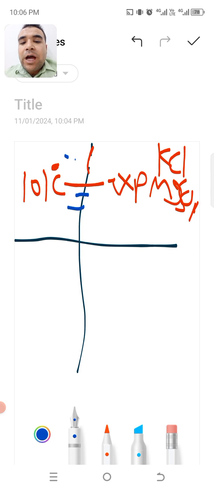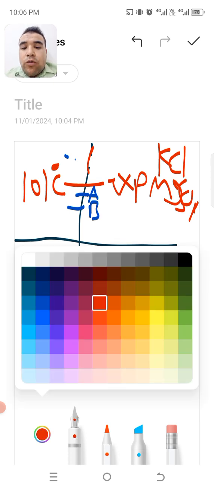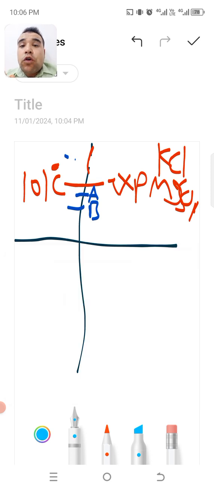So suppose we have these two, the first one A and the second one B. So let us decide which solution, A or B, becomes the KCl. Guys, the one with the higher charge has the longer distance between the expected and actual.